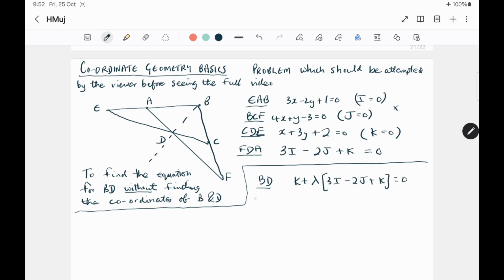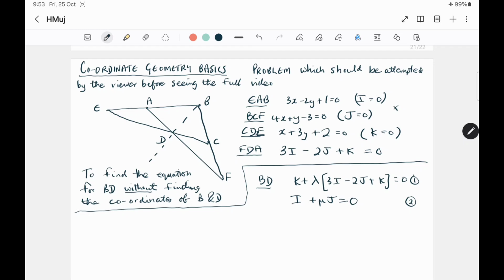But also it can be written as I plus mu J equals 0. And we call that equation number 1 and equation number 2.